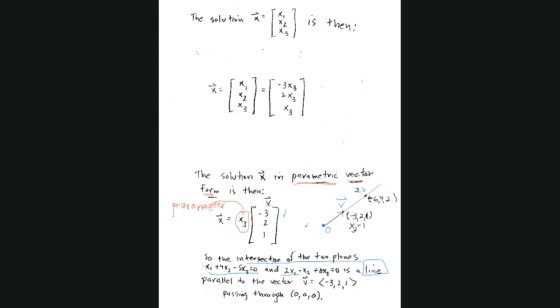Wouldn't that get me to -6, 4, 2? By the way, what would x3 equal at -6, 4, 2? x3 would be 2. That's right, Rob.